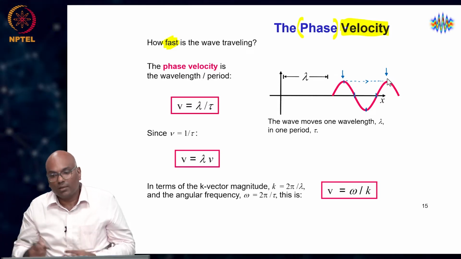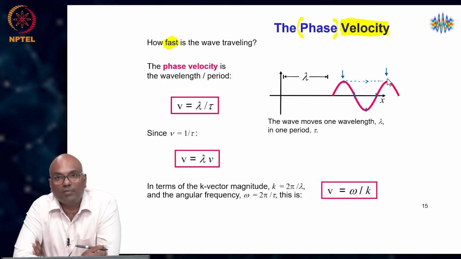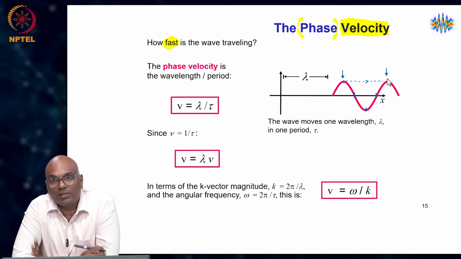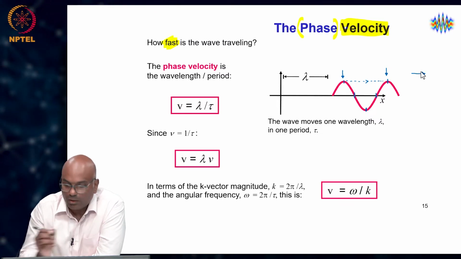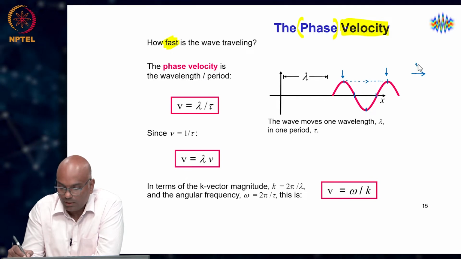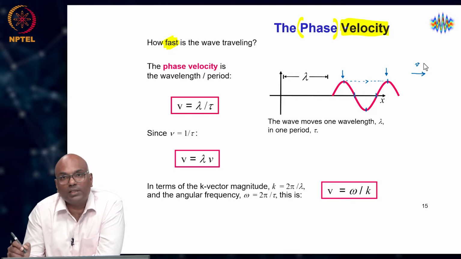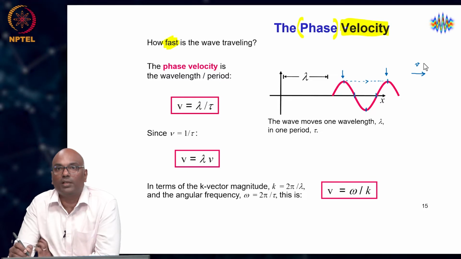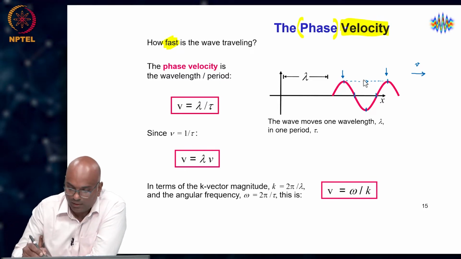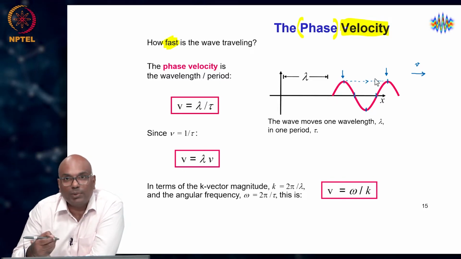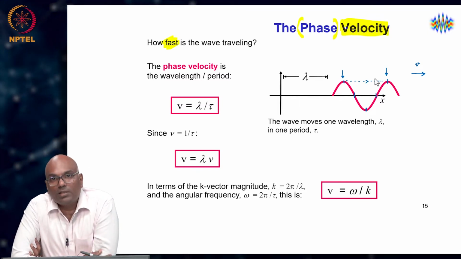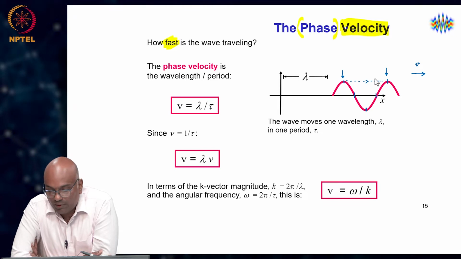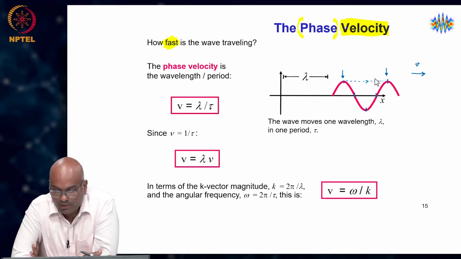In this case, where we describe the wave with cosine kx minus omega t, the wave propagates in the positive x direction, or in the direction of increasing value of x, right. Had it been kx plus omega t, it would have been the other direction. To keep things consistent, let us take a forward propagating wave and discuss what happens there.